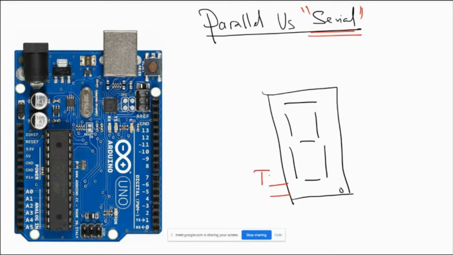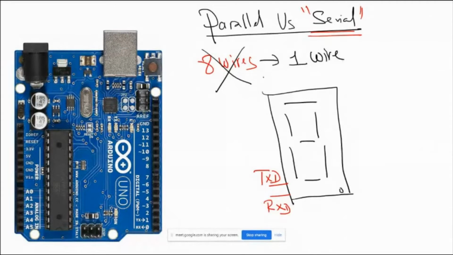The first pin is called the transmit pin. The second pin is called the receive pin. In the previous case, I required 8 wires for transmitting data from the Arduino to the display. Now in serial communication, instead of 8 wires, only 1 wire is good enough for me to transmit data from Arduino to the 7-segment display.